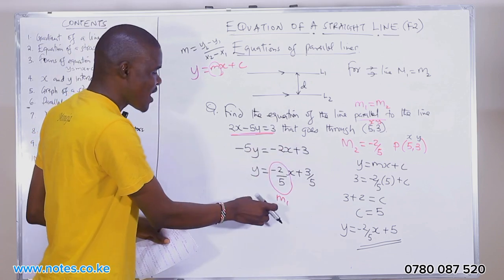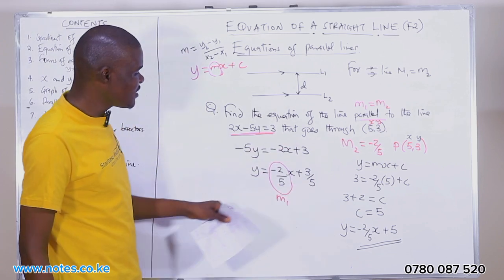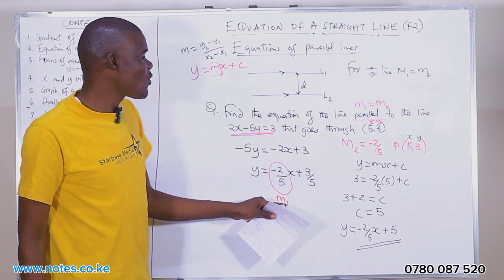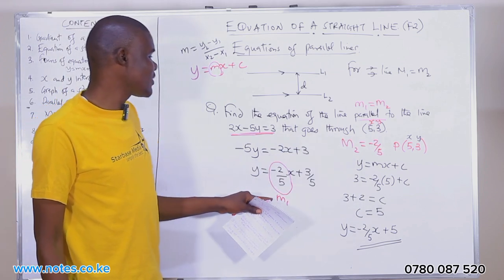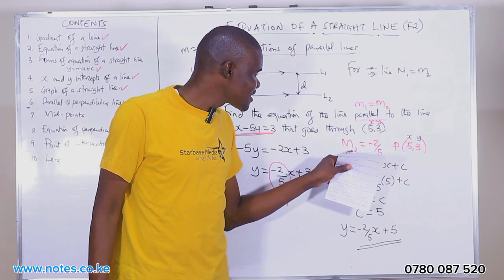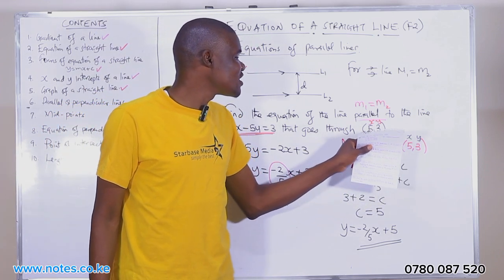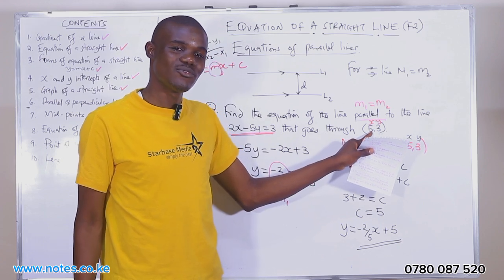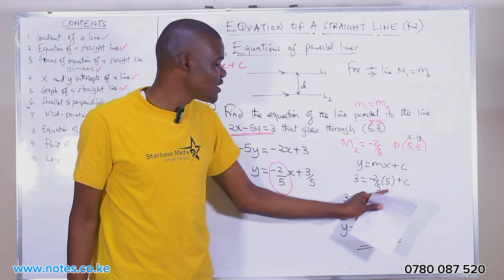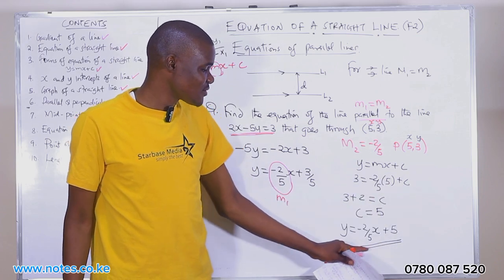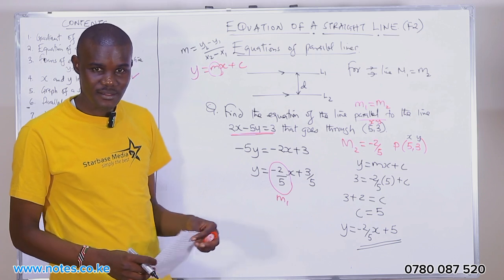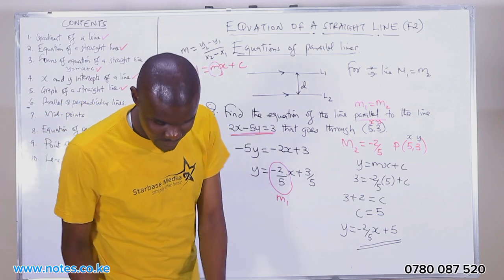After obtaining m1, use that m1 and say that for the other line, remember we were dealing with the 2 lines here, m1 is equal to m2. So the same gradient you use here is what you use on this other side. And having that second gradient and a point that you are given, the beauty of math, you are always given, you just replace in the equation, and you get c and you get your answer. Correct. Are we together? Yes, so that is it for that.